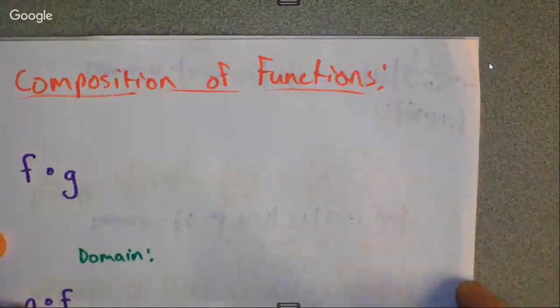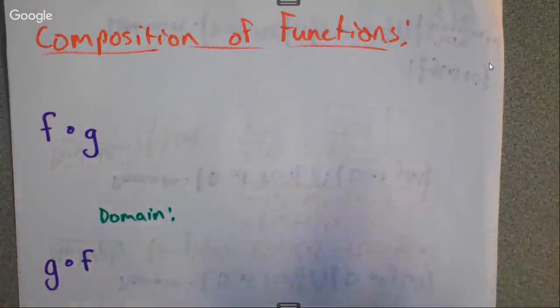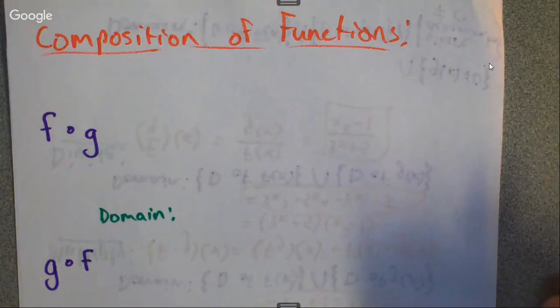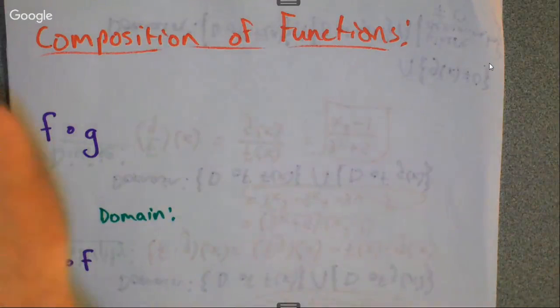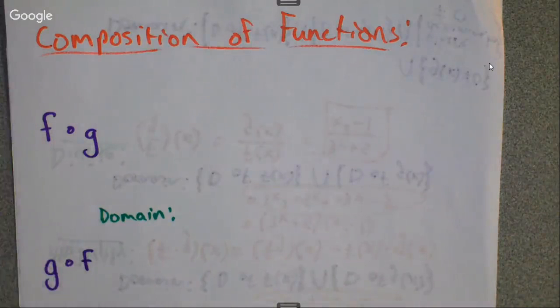We're going to go on to composition of functions. Composition of functions is basically just functions within other functions. So instead of plugging a number into a function, now we're going to plug equations into other functions. The first one we have here is f of g.